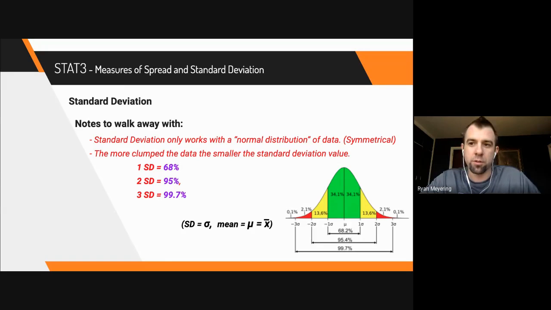Why that's important to you as a statistician is like if something happens to be 4 standard deviations, or we actually say like 4.2 standard deviations above or below, that's like a crazy outlier, to be that far below or that far above.